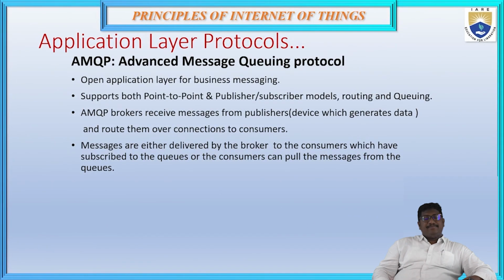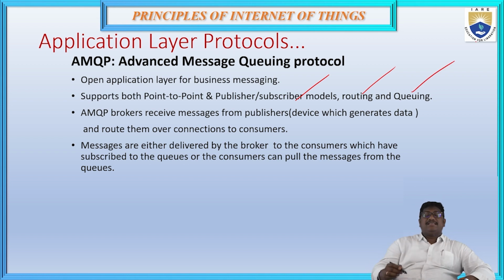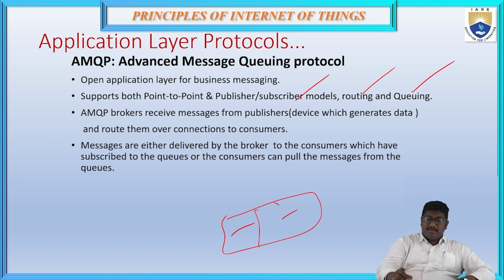And the next one is AMQP, Advanced Message Queuing Protocol, which is an open application protocol that supports point-to-point communication. Here we are using the publish-subscribe model, and also routing and queuing. Queuing is nothing but one after another. There will be a particular queue which is going to be placed and these things are going to be served. Out of the queue, this is in and this is out.